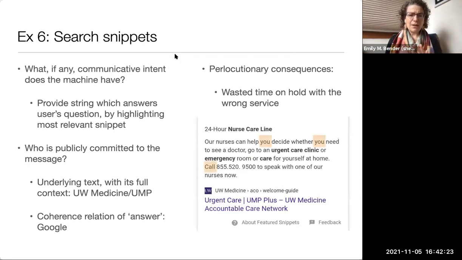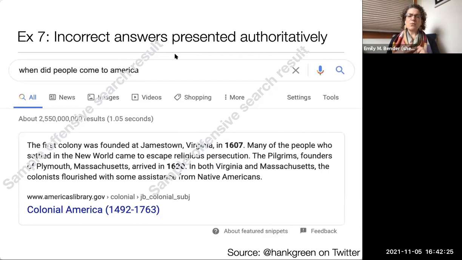I'm now talking about cases where the answer is incorrect and presented authoritatively. So this is now fixed. Google has squashed this particular bug, but at a certain point in the last year or so, if you typed in, when did people come to America?